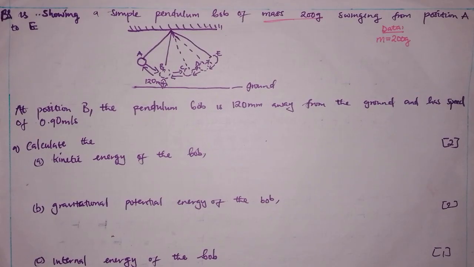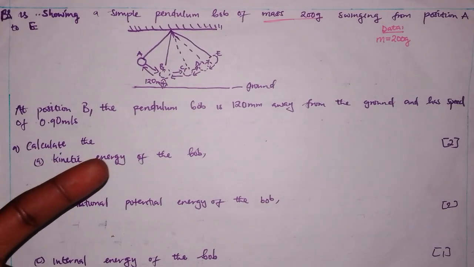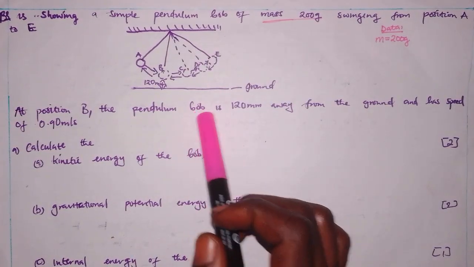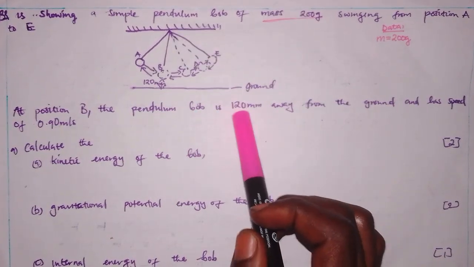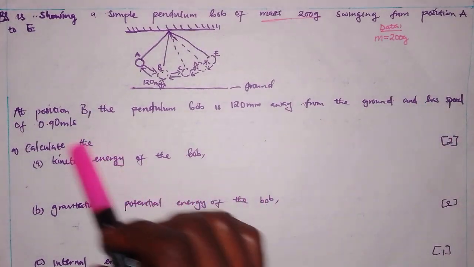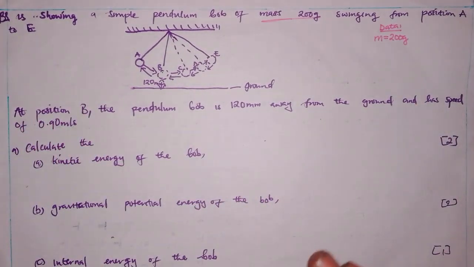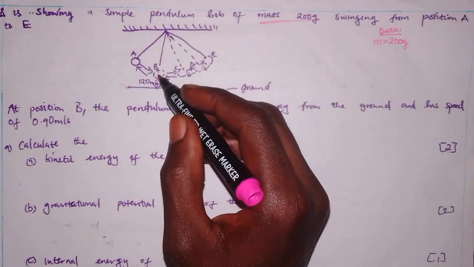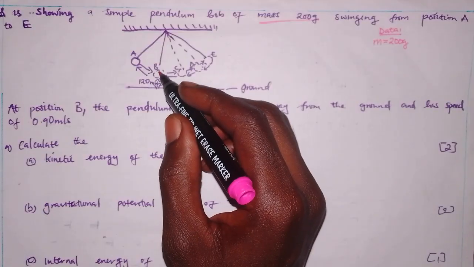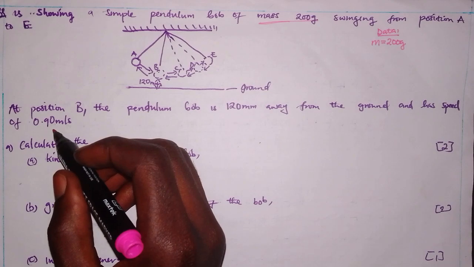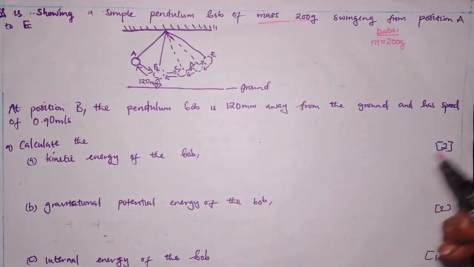The question is saying, at position B, which is here, the pendulum bob is 120 millimeter away from the ground and has a speed of 0.90 meters per second. So they are telling us when this bob reached position B, it had the speed of 0.90 meter per second.